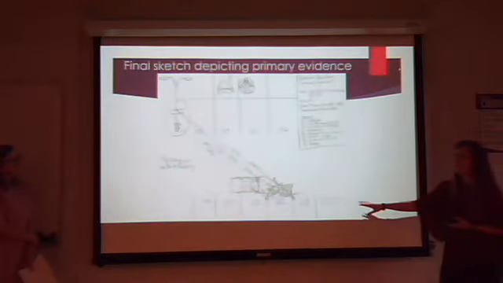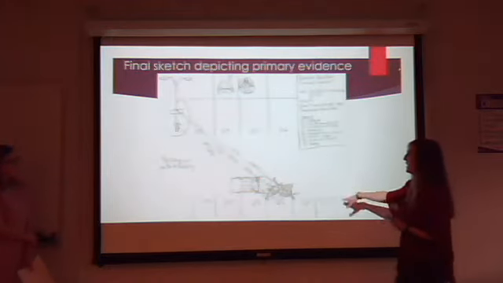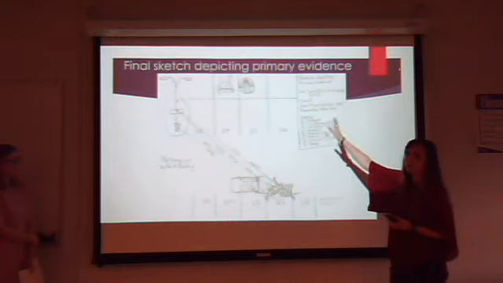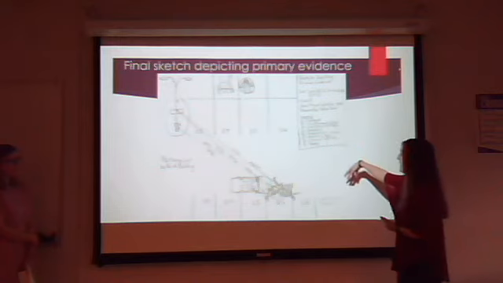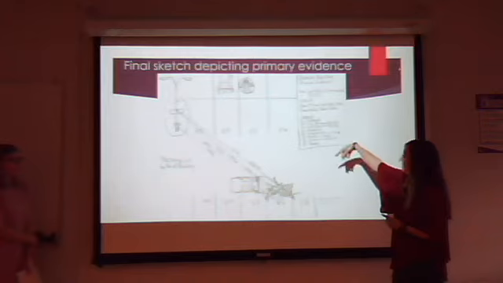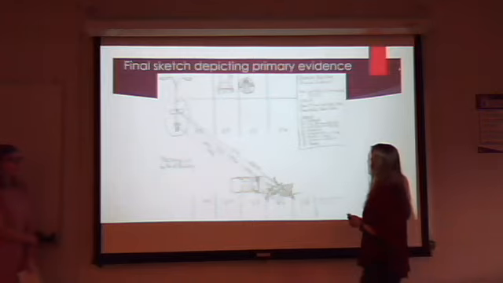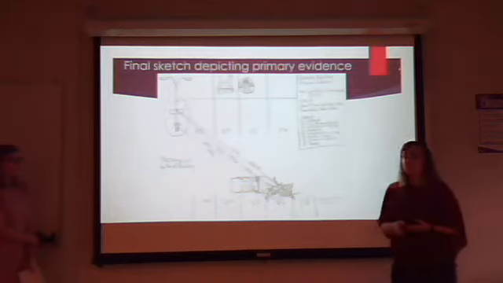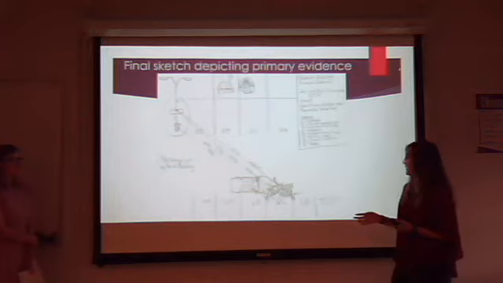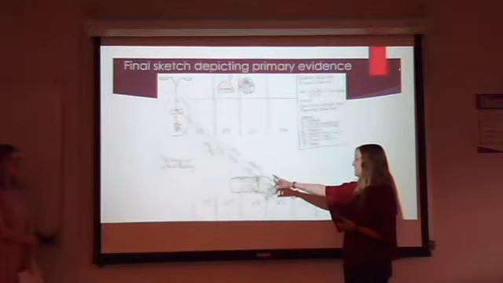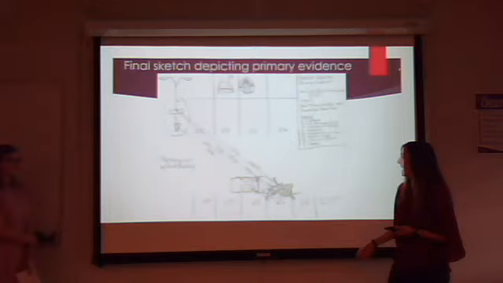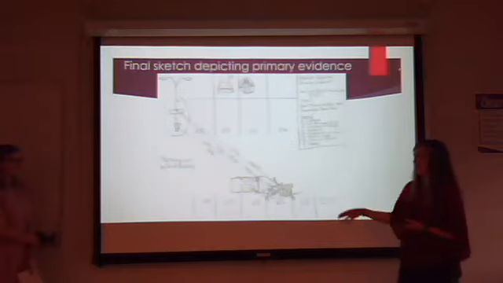So this is my sketch of the overall crime scene. At the top, I put which way north is going, and then our reference points are the light pole, the line between 58 and 59, and the line between 57 and 58, which are all marked on the sketch. And then A through E is our evidence.